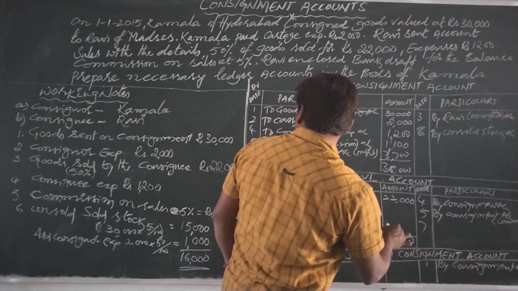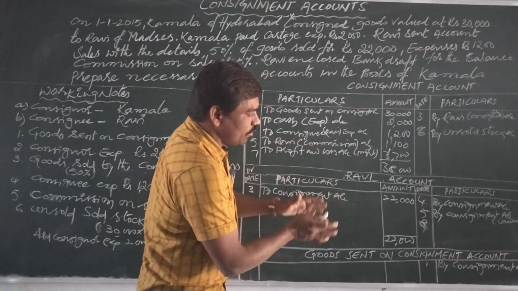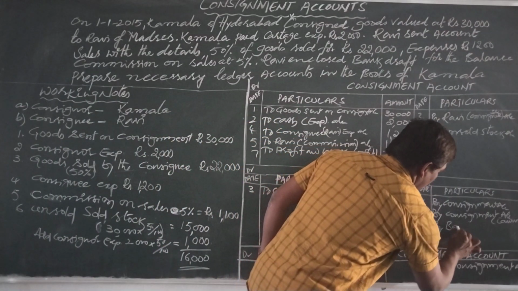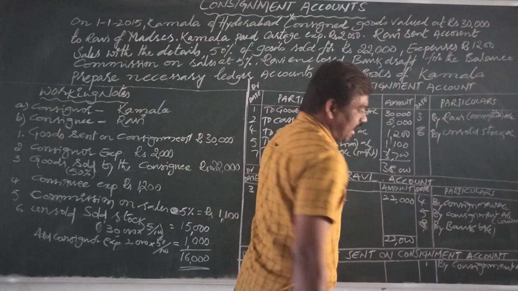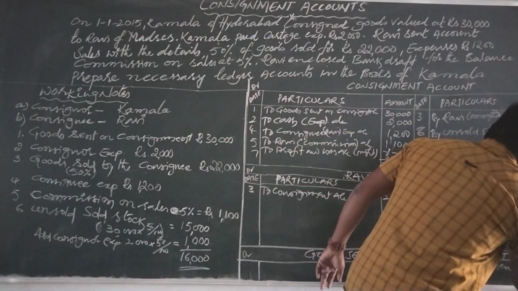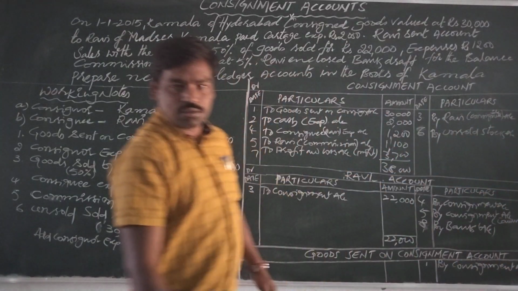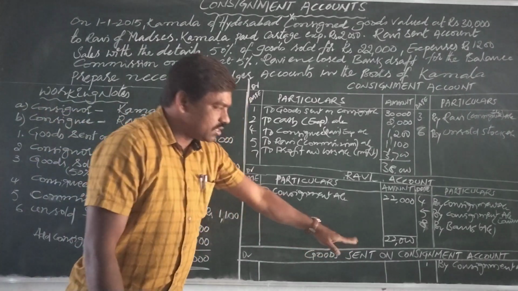So what we are doing here, we are settling. Consignee settles the account by giving a bank draft. By bank account. Here closing the account by giving a bank draft for rupees 19,700. So total of 22,000. Next, here goods and consignment account.